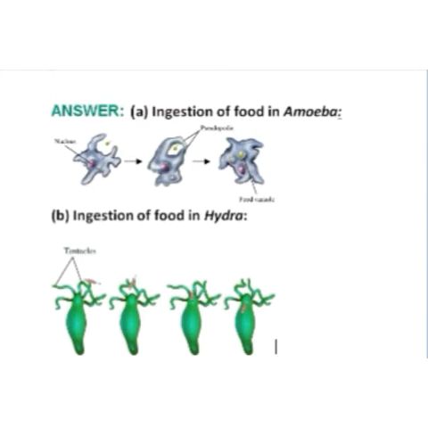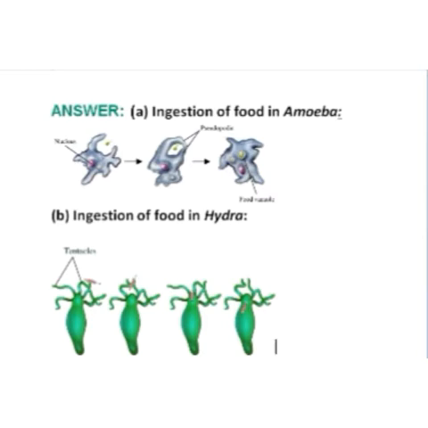First, ingestion of food in amoeba, as shown in the picture, students. This diagram is also given in your science textbook on page number 16. If you see page number 16, at the top of the page, there is a diagram of ingestion of food in amoeba and also ingestion of food in hydra.